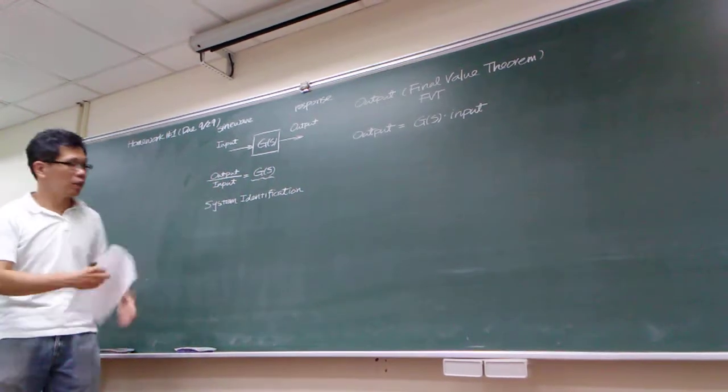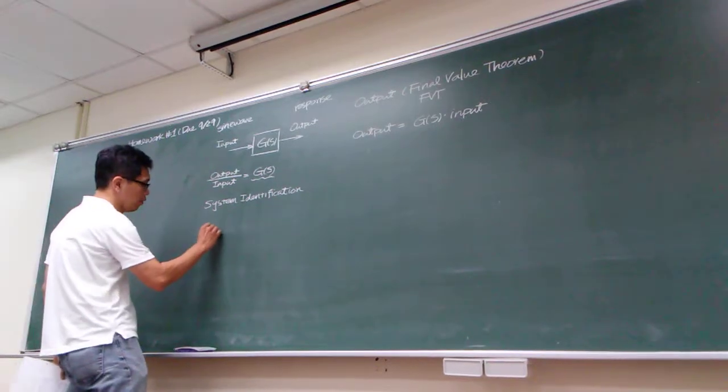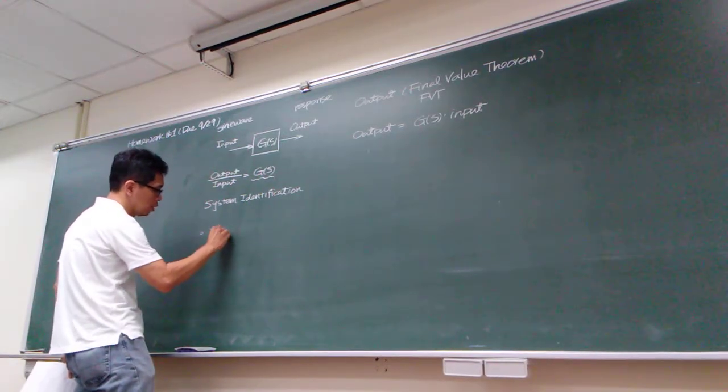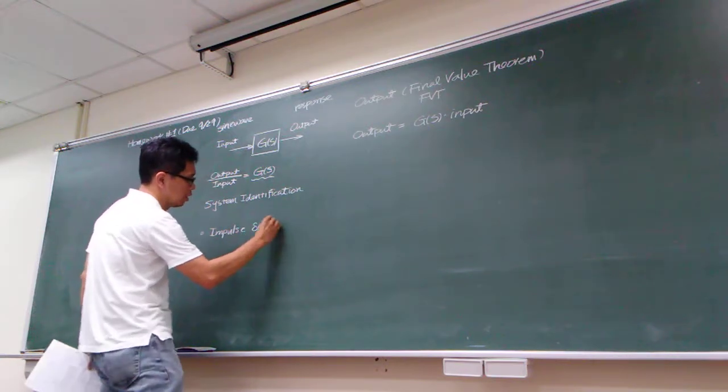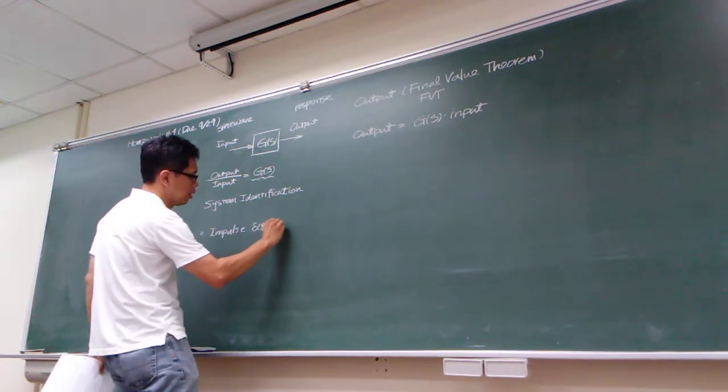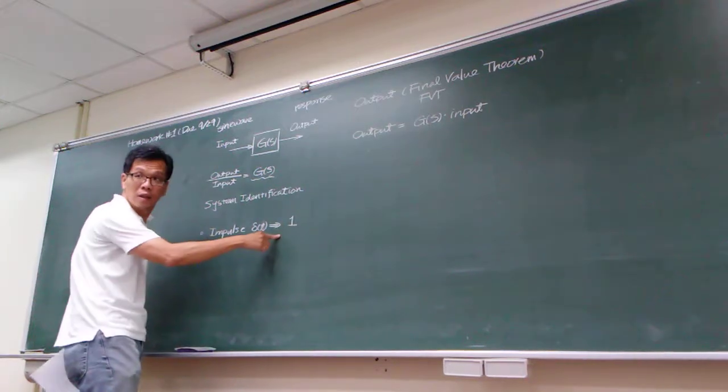The input over here can be a few things. If it's an impulse, delta of T, then it's going to be 1.